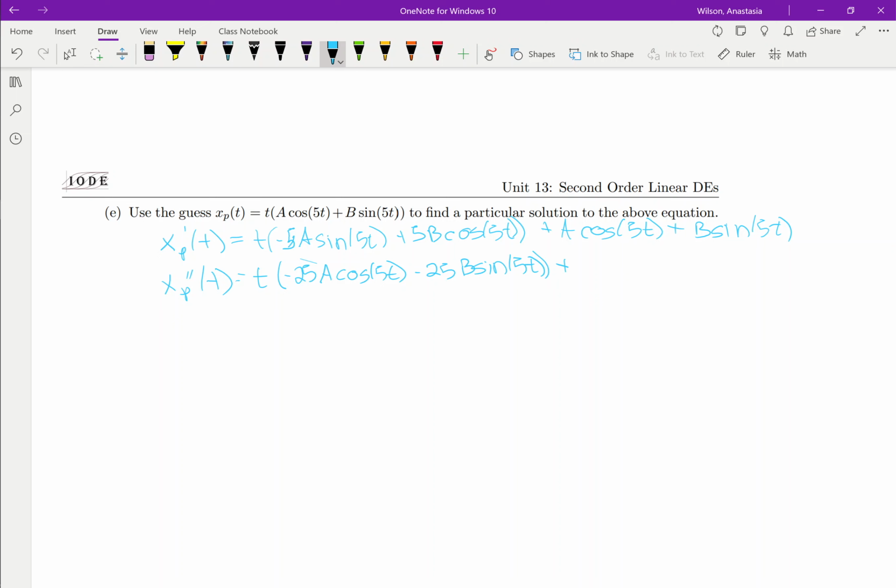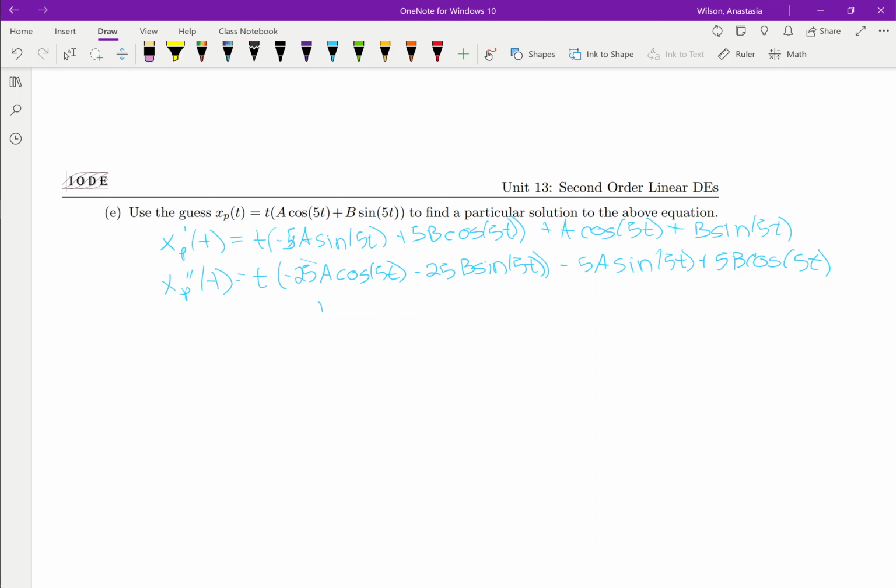That's a 1 again, so we'll rewrite this: negative 5a sine of 5t plus 5b cosine of 5t. We are not done with our derivative yet because we still have to differentiate these last two terms, but they are a little bit simpler. No product rule required there.